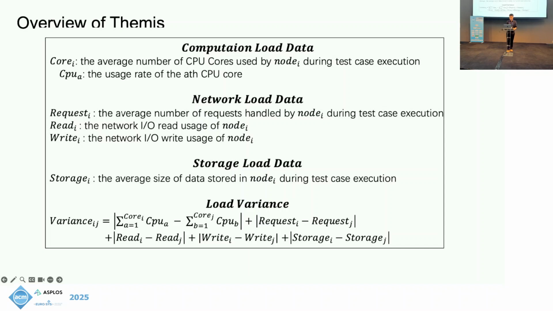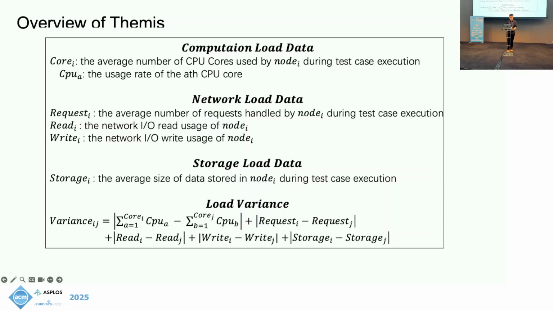The model contains four parts. The first part is the computation load data. This data indicates the core computation distribution of each node, including the number of CPU cores and the utilization of each CPU core. The second part is the network load data. This includes the I/O usage information for both reading and writing.